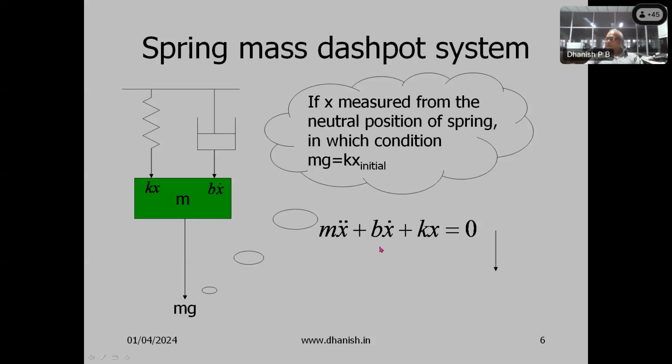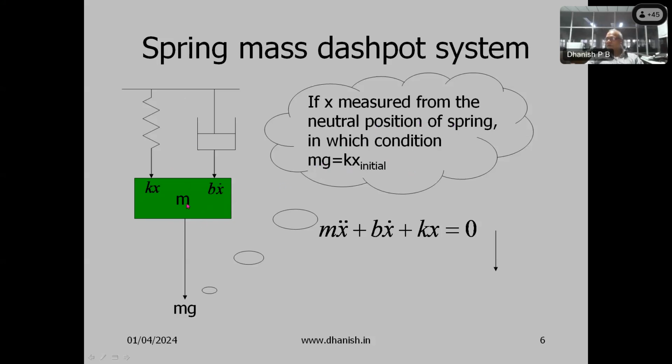So the general equation of this system is, applying Newton's law to this mass, m x double dot plus b x dot plus k x is equal to 0. Provided, of course, you are measuring the displacements from the neutral position of the spring. So that mg equal to k x initial.